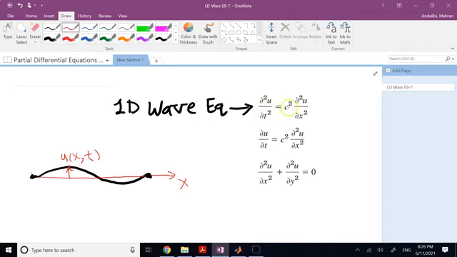Again, c here is the speed of propagation of the wave in the string, and you can show that c is the square root of T over mu, where T is the constant tension in the string, and mu is the linear mass density of the string.